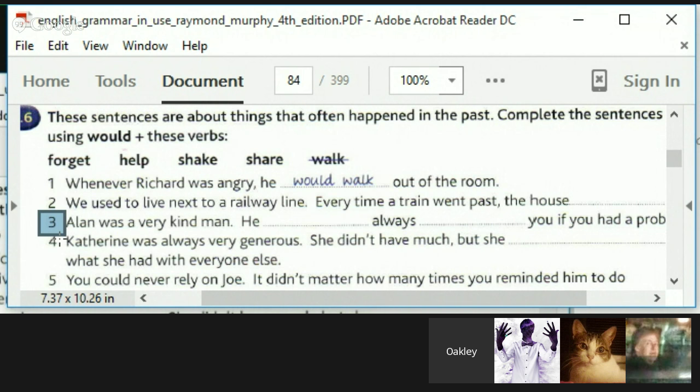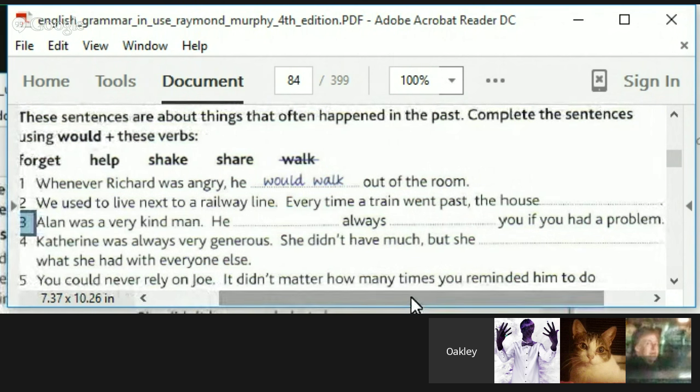Carolina, number 3. Alan was a very kind man. He would always help you if you had a problem. Now, here's a place where you're talking about somebody's actions in the past. This fits would better than it fits used to.